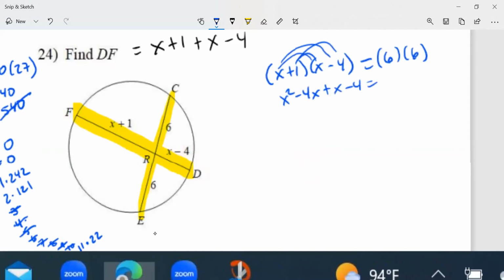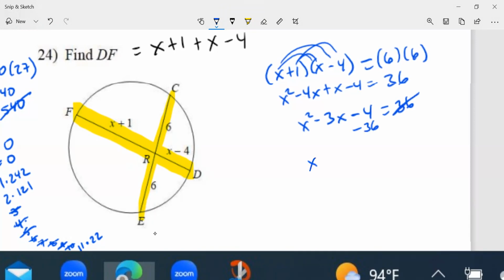And then here, 6 times 6 is 36. When I combine my like terms on the left, I get x squared minus 3x minus 4. It's equal to 36. I want the right side equal to 0, so this positive 36, let me move it over as a minus 36. So I have x squared minus 3x minus 40 is equal to 0.